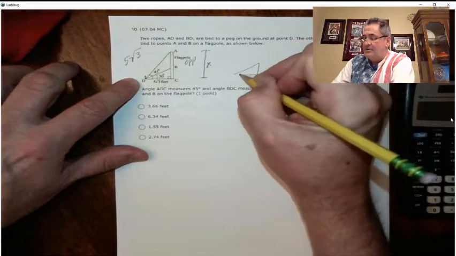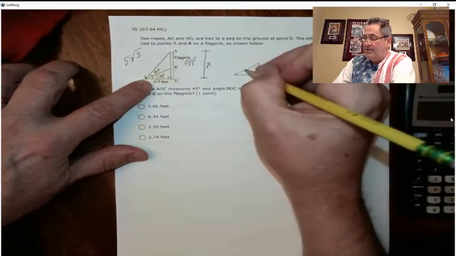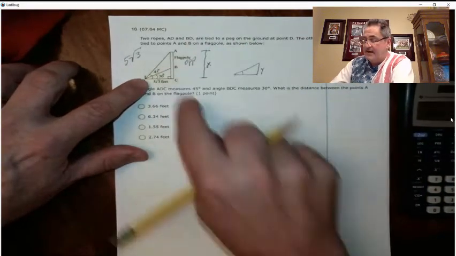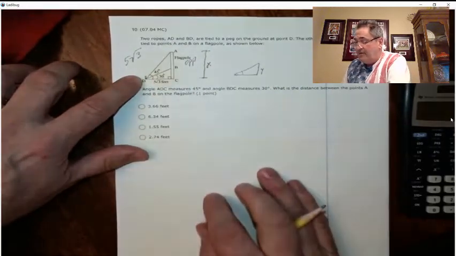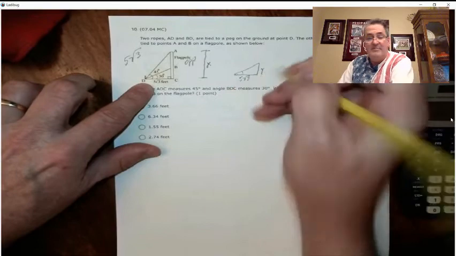It also uses this side, and we're going to call that one Y. But this one's only 30 degrees, and the big one is 45 degrees. So we have a little one inside of a big one. And for both of them, this is 5 times the square root of 3, because that's the same side for both triangles.